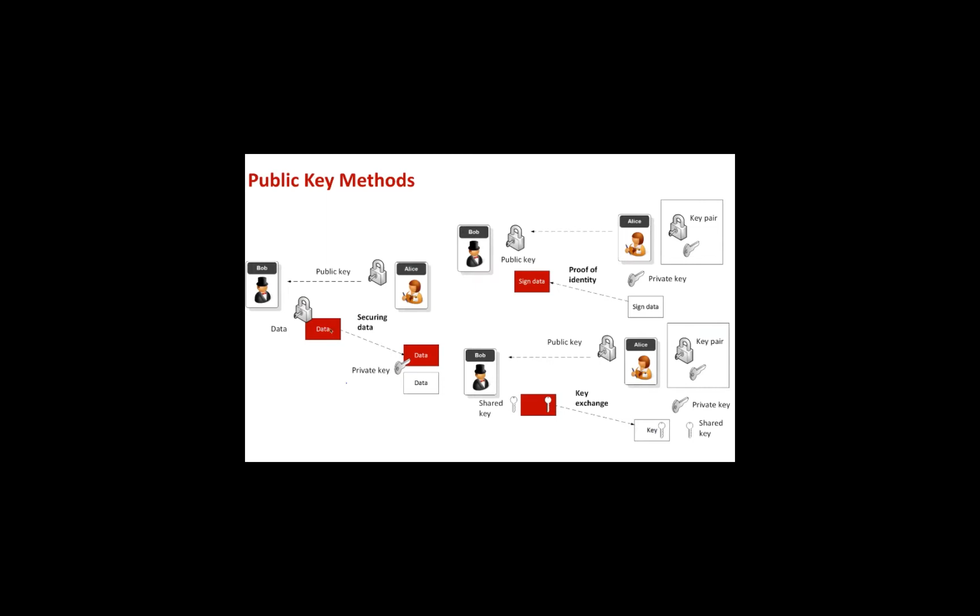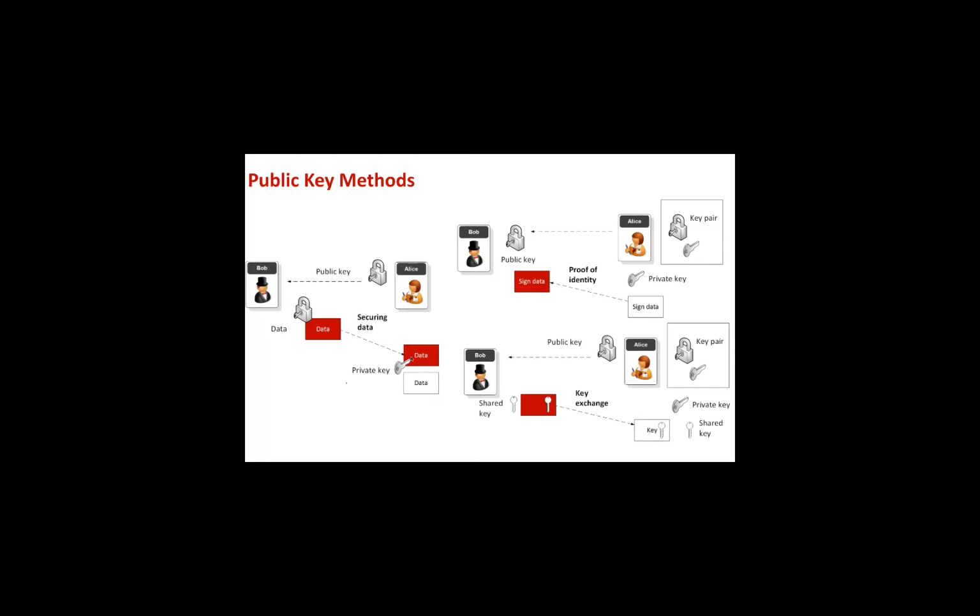So the three main methods: obviously, if Bob wants to send an encrypted file to Alice, she sends her public key. Bob then encrypts the data or the file with her public key, and she decrypts with her private key.